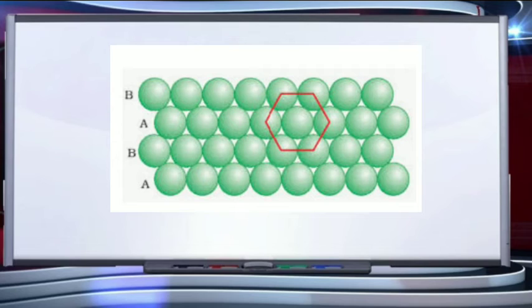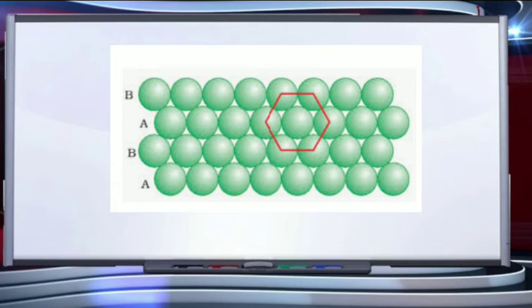Its spheres are aligned with those of the first layer. Hence, this layer is also of A-type. The spheres of the similarly placed fourth row will be aligned with those of the second row, that's B-type. Hence, this arrangement is of AB-AB type.